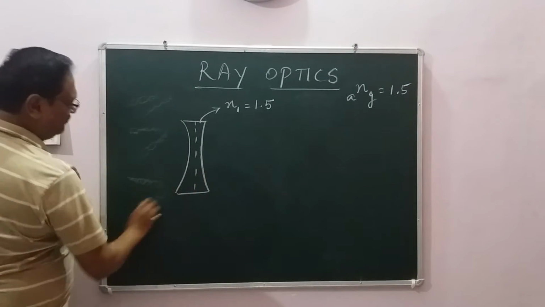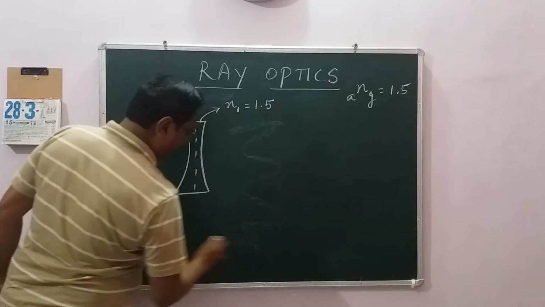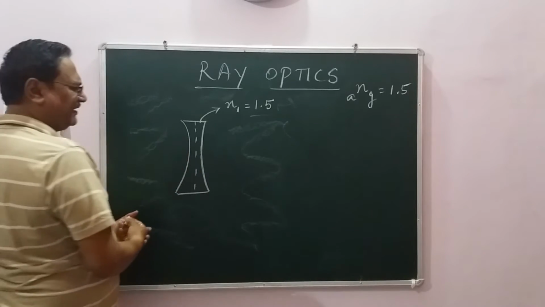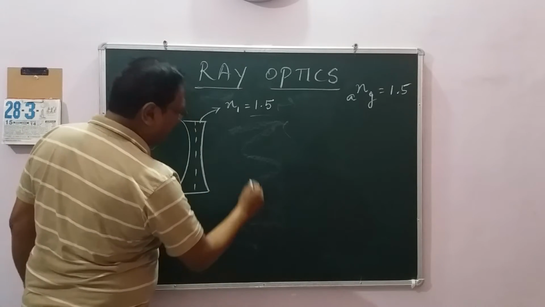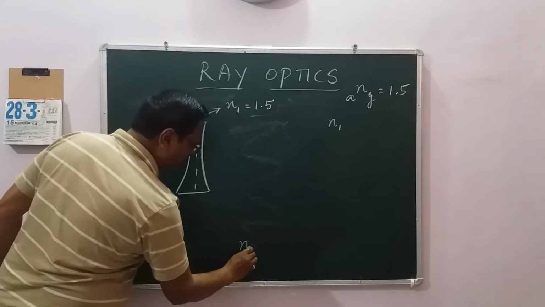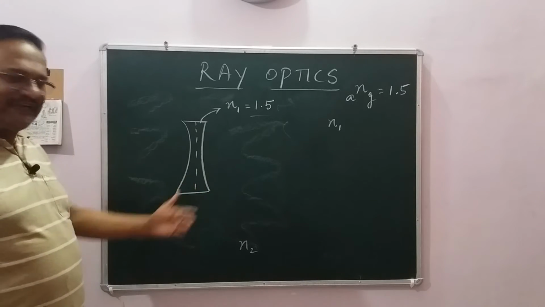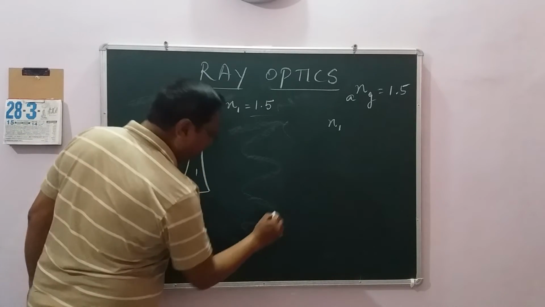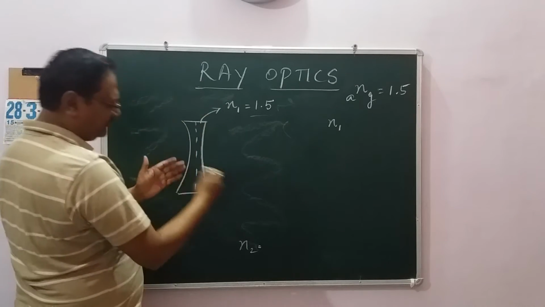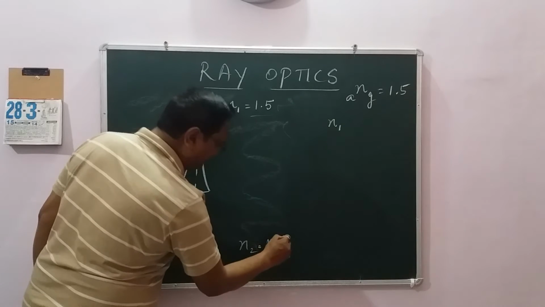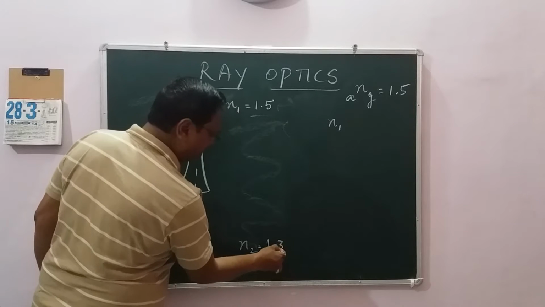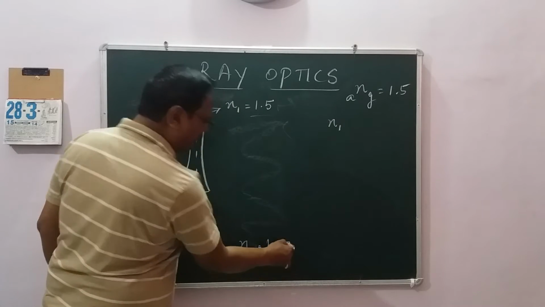The surrounding medium, n2, is something with a refractive index less than that of the lens, that is air, which is 1, or you can take for example water, which is 1.33.